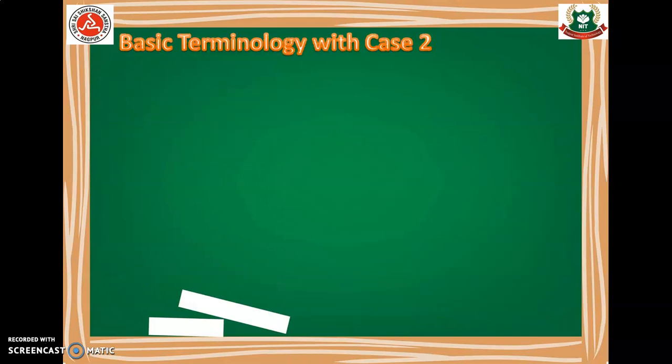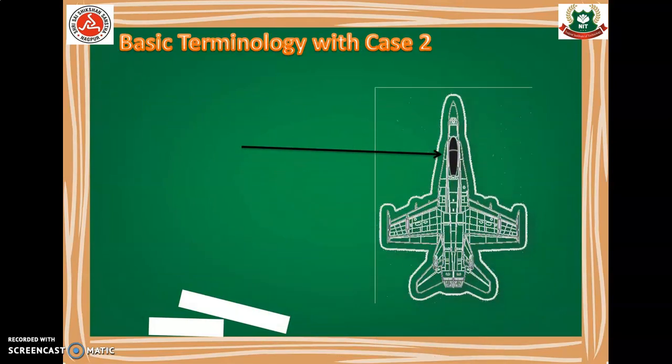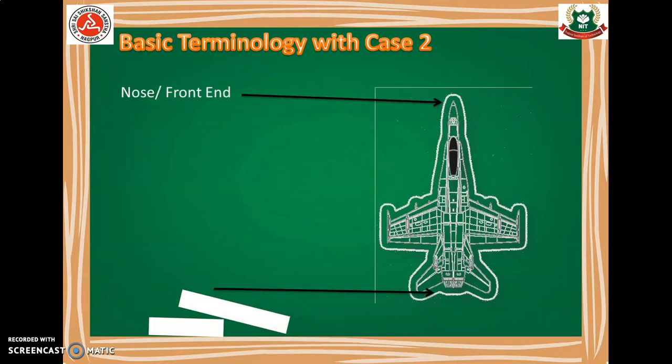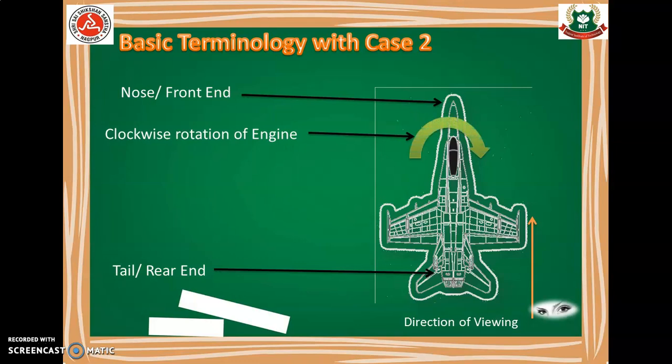Let us see the case number 2. In case number 2, the front end is called as nose as usual in case number 1. The rear end is called as tail, which is also understood by us in case number 1. Again we are observing the plane from the same direction. Means we are observing the plane from the rear end, and the engine is rotating in a clockwise direction as shown by the green arrow, and after traveling some distance, plane takes a right turn.